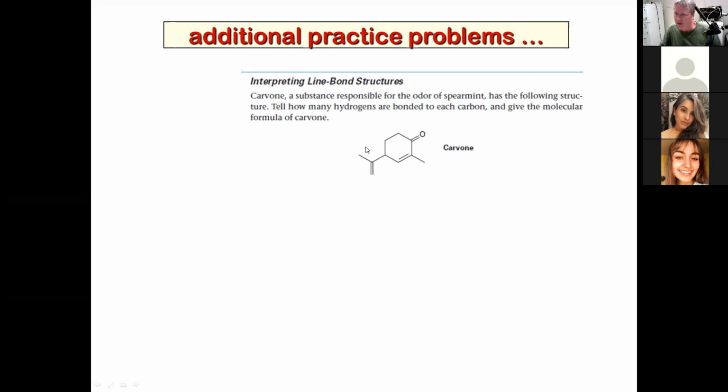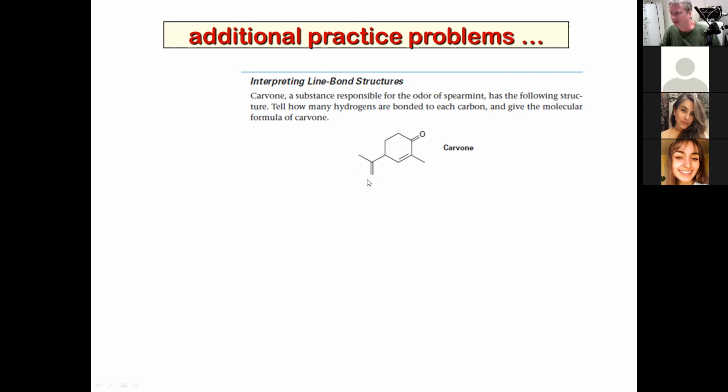Real quickly, I'm just going to step through this molecule and count the hydrogens. You should know this. If you're struggling with it, you need to come to office hours. CH3, this is an alkene, or a double bond, and there's a CH and a CH. So there's a CH, that's a CH2 actually. Remember, the way you do this is 4 minus the number of bonds. 4 minus 1 is 3, it's a CH3. 4 minus 2 is 2, so this is CH2.